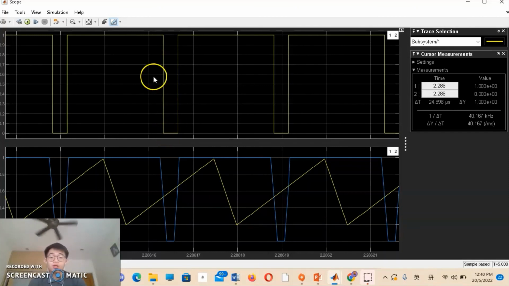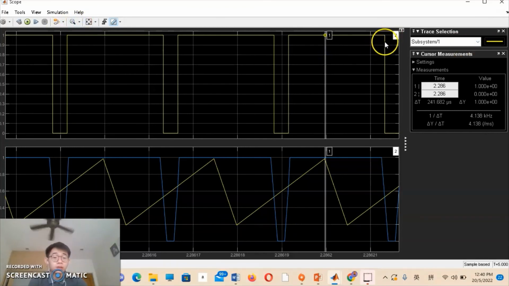Okay, so we can have a look at the duty cycle of this buck converter by measuring the on time and also the period of the gate signal.